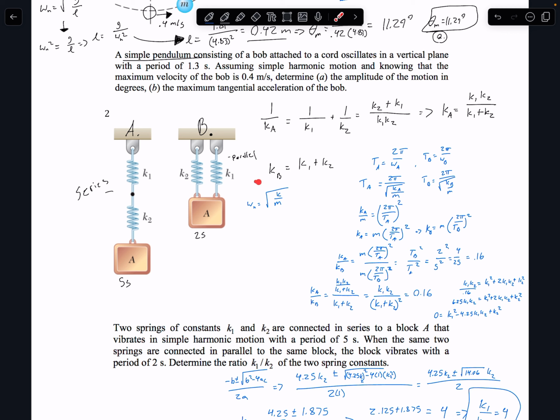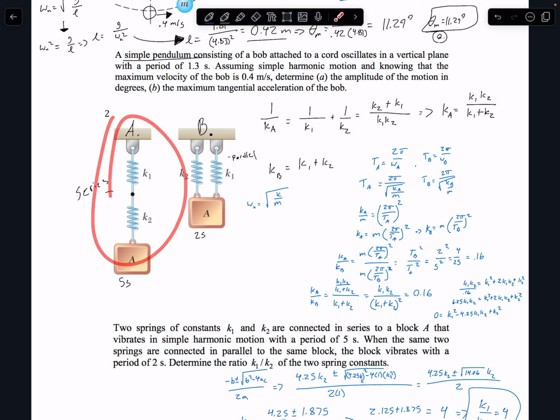Then in parallel, you can just add them together, and we know omega n is equal to square root of K divided by m. We know that Ta, or the period, is equal to 2 pi divided by angular velocity. And then we can sub in for angular velocity for both equations, and we can get a K value for both sets.